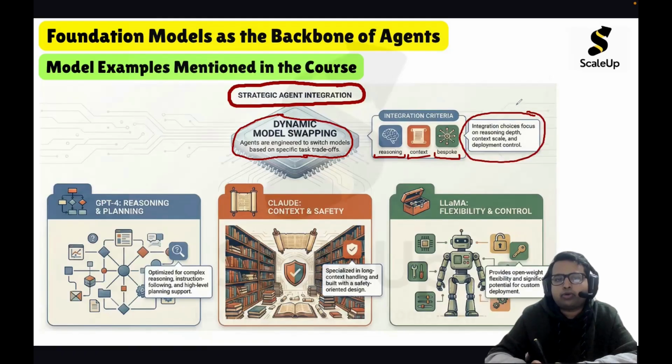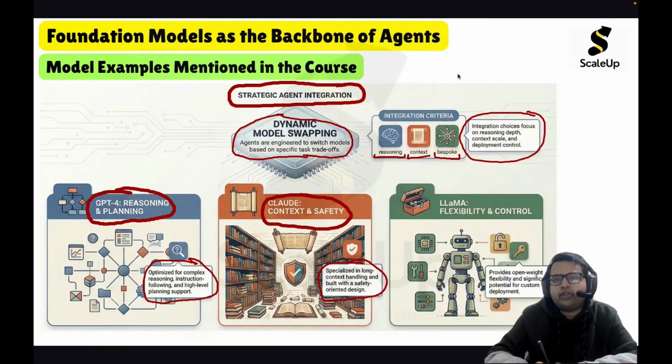And in this course, we will be mainly discussing large language models like GPT-4. It is used for reasoning and planning. It is highly optimized for complex reasoning, instruction following, and high level planning support. We make use of Claude for context and safety. The Claude model is specialized in long context handling and built with a safety oriented design.